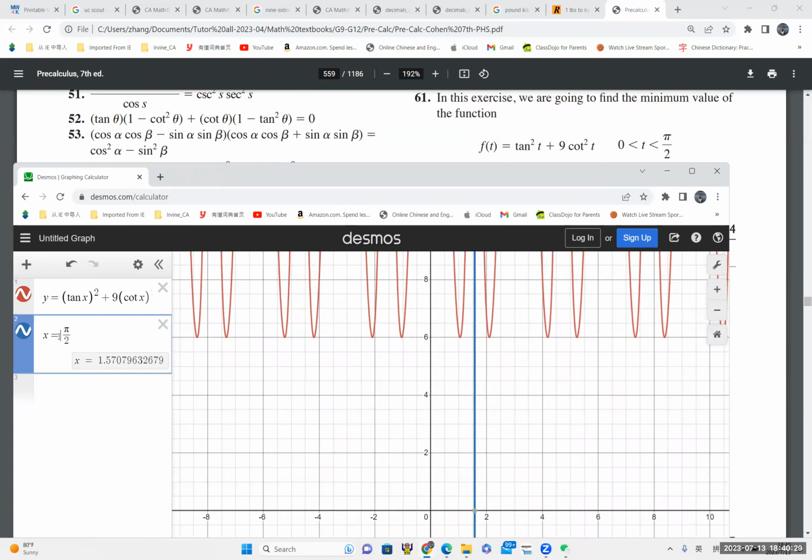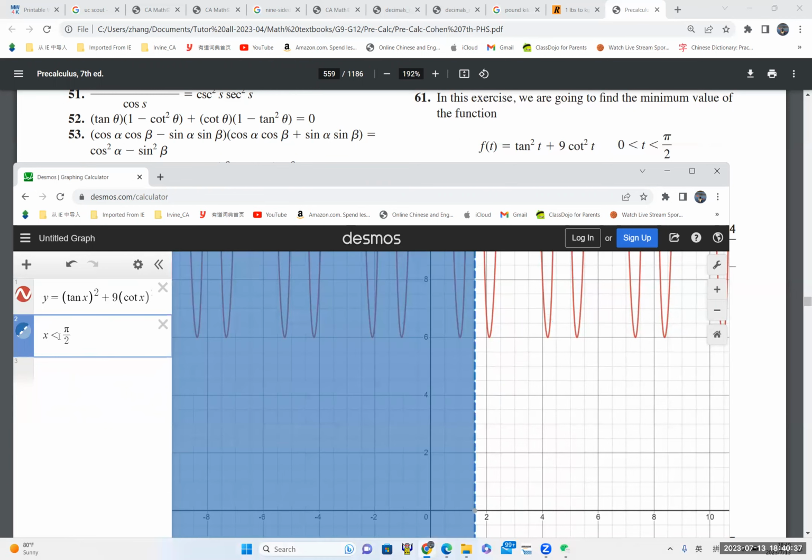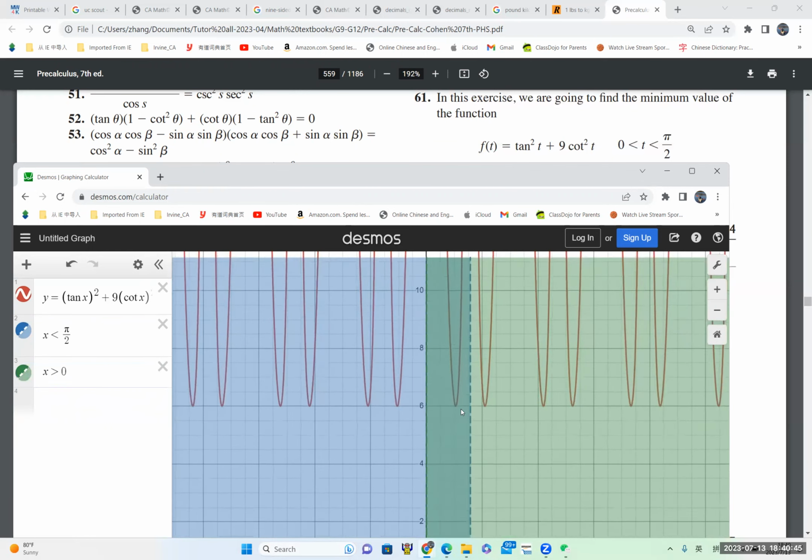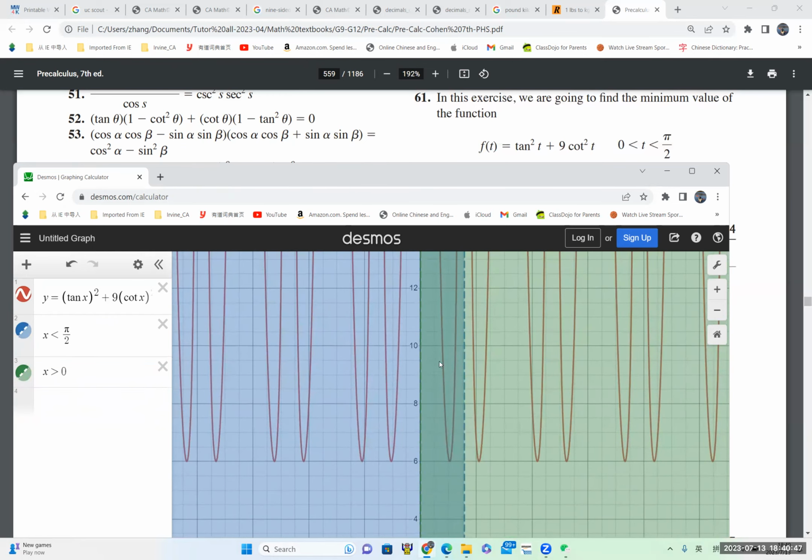Let me write x less than pi over 2, without equal to, but x greater than 0. Yeah, so just this, the minimum is here, right?